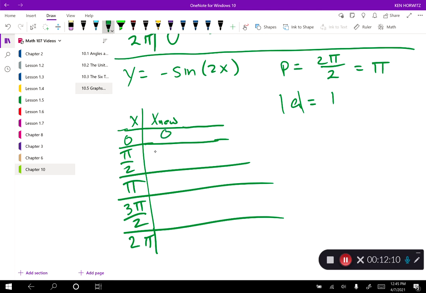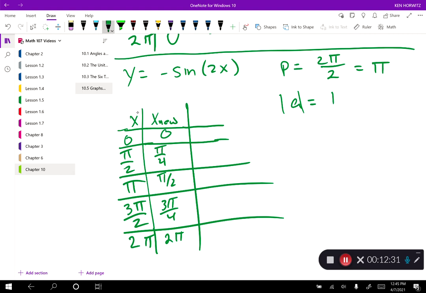So 0, cutting it in half would be pi over 4, then pi over 2, then 3 pi over 4, and pi. So we're going to use our new x, and we're going to plug them into the equation and get out a y.